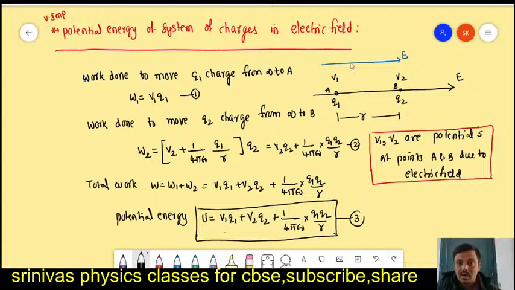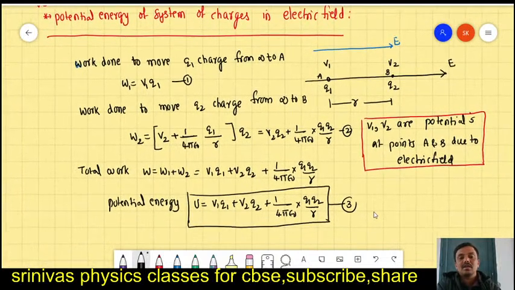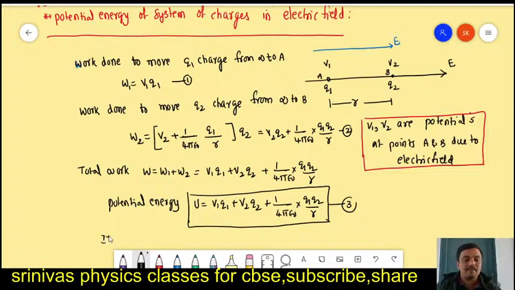If there is no electric field, V1 and V2 become 0. Then the potential energy will become only 1 by 4 pi epsilon naught Q1 Q2 by R. If the external electric field is 0, then V1 and V2 become 0, right?